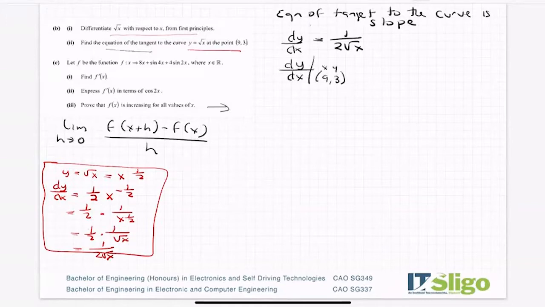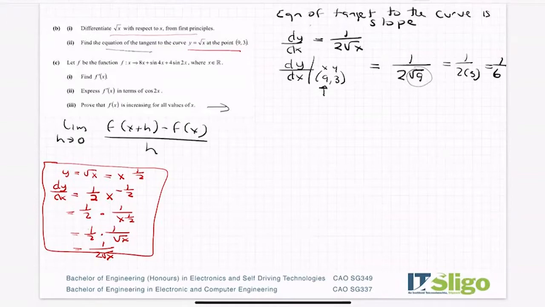Well, you sub in the x value. So it is 1 over 2 root 9. And you know root 9 is 3. So it's 1 over 2 times 3. So it's a sixth. Okay, so the slope of the curve at the point 9, 3 is a sixth.